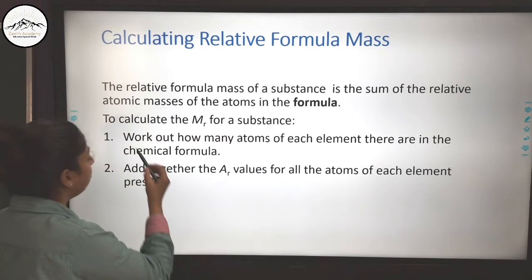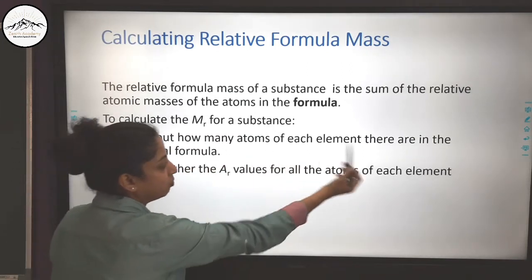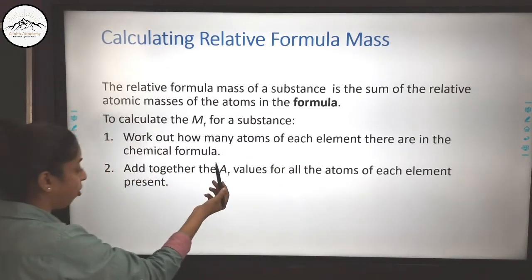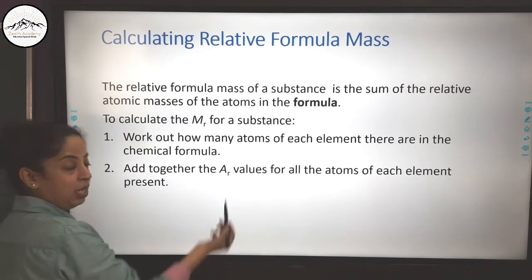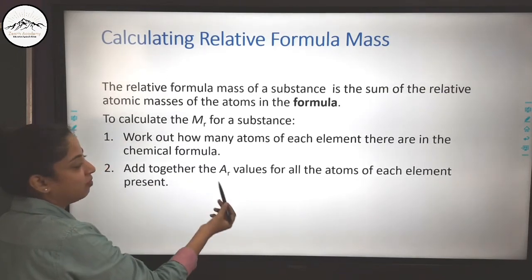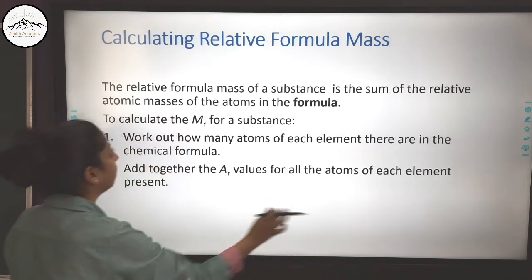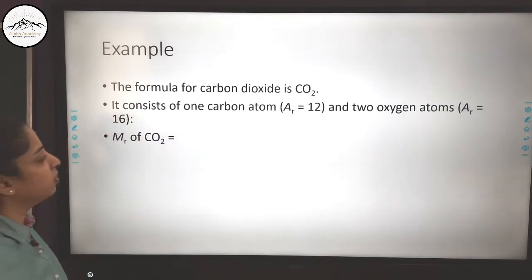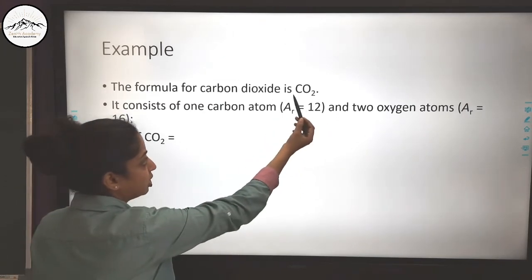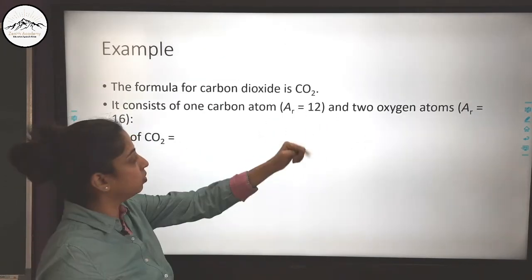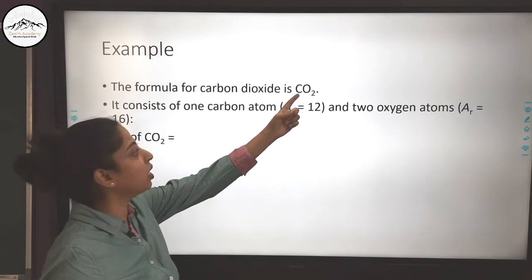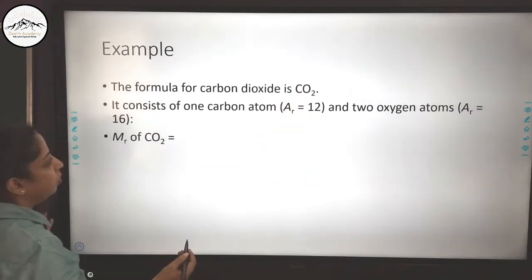So we first have to work out how many atoms of each element are there in the chemical formula, and then we have to add together the relative atomic mass values of all the atoms of each element. Here the example is carbon dioxide, CO2. You can see there is one atom of carbon and there are two atoms of oxygen.